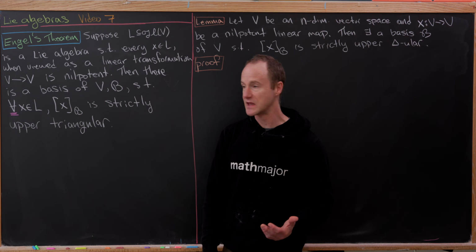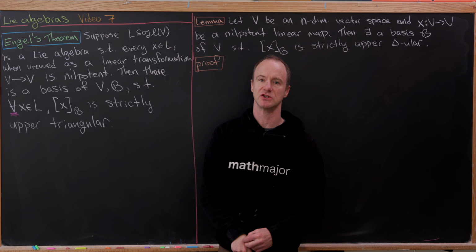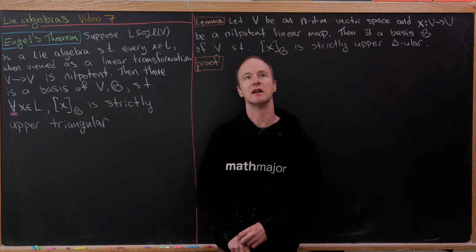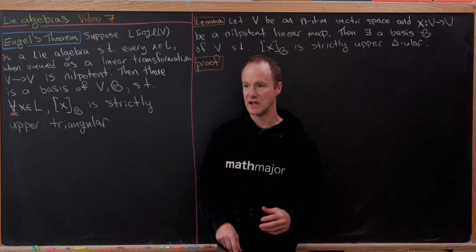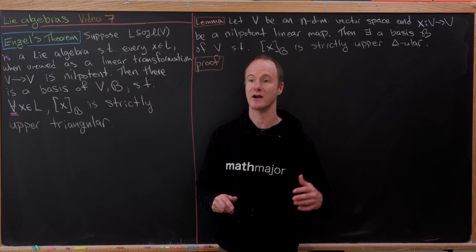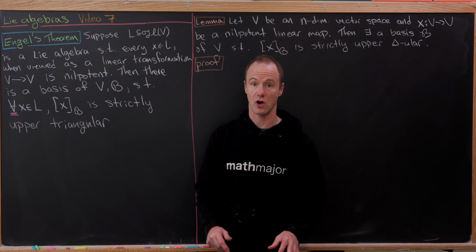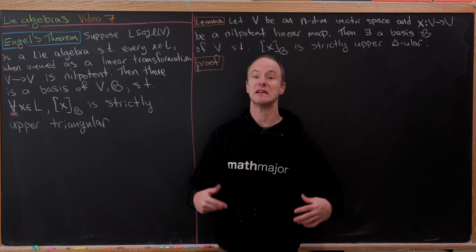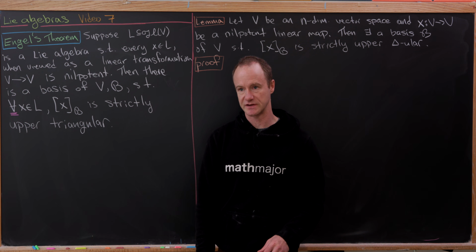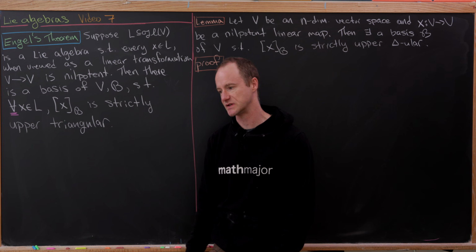So the important thing here is that this happens for every x within the Lie algebra. You may have learned in a linear algebra class that if you have a nilpotent linear transformation, you can always find a basis where it's strictly upper triangular. Well, this is stronger. If you have a Lie algebra of nilpotent linear transformations, all of them can be expressed as strictly upper triangular matrices.